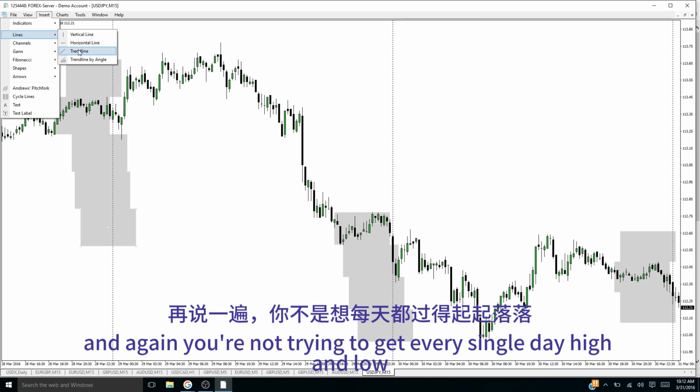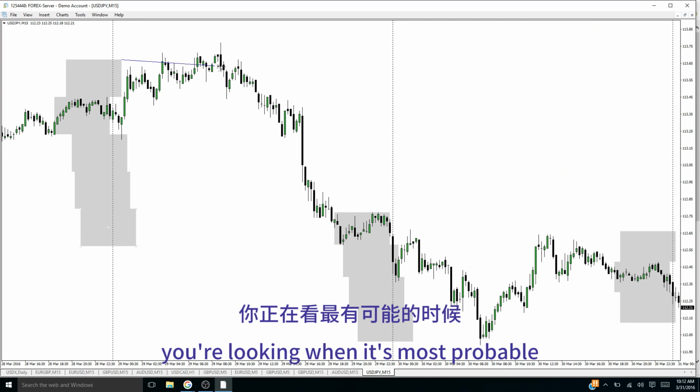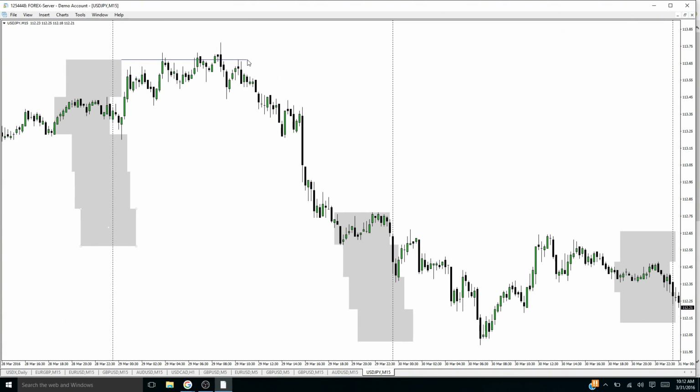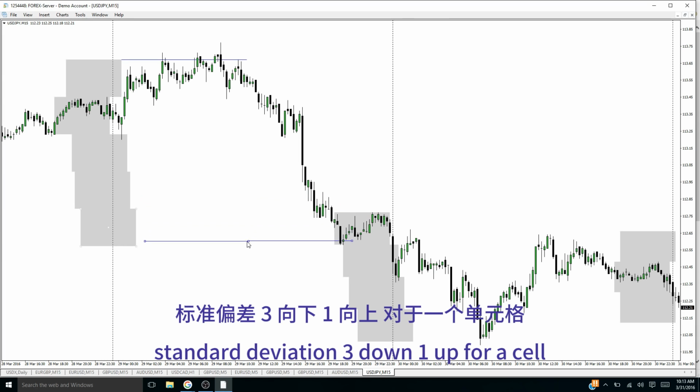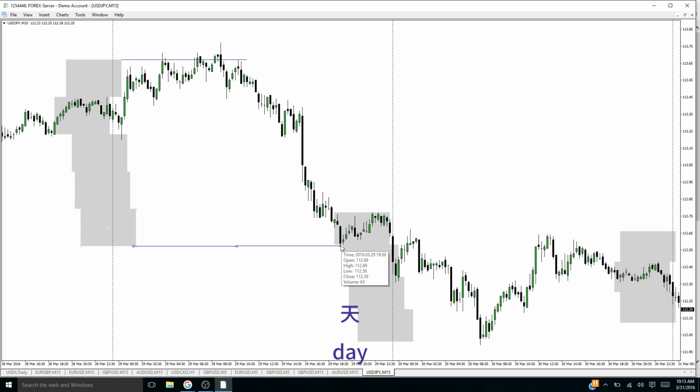And again, you're not trying to get every single day's high and low. You're looking when it's most probable, Tuesdays and Wednesdays. Standard deviation, 3 down, 1 up for a sell day.